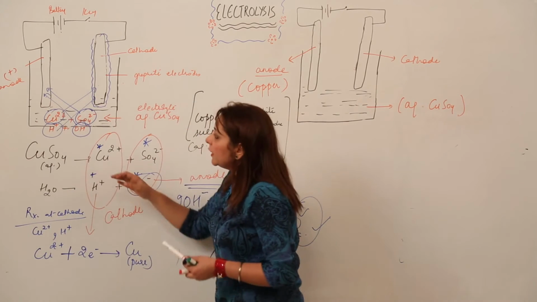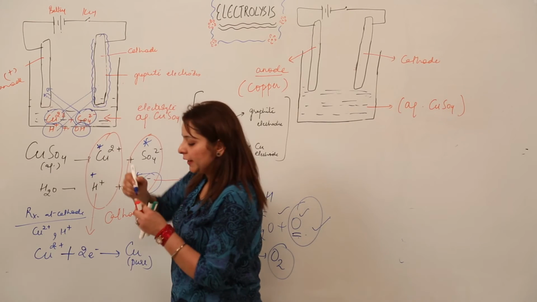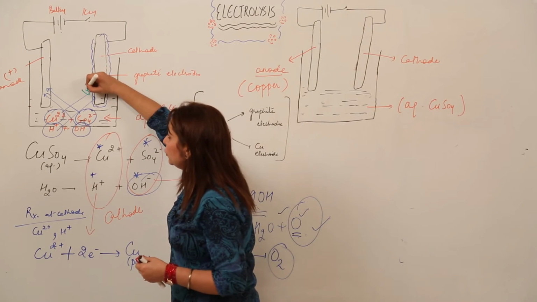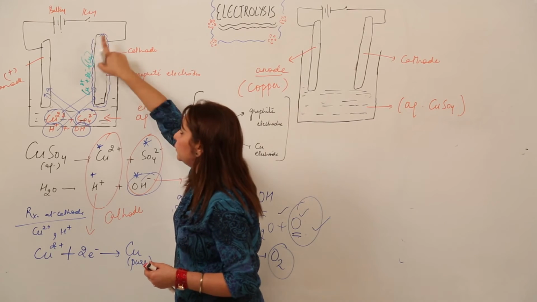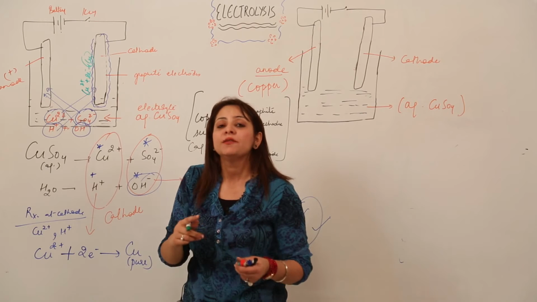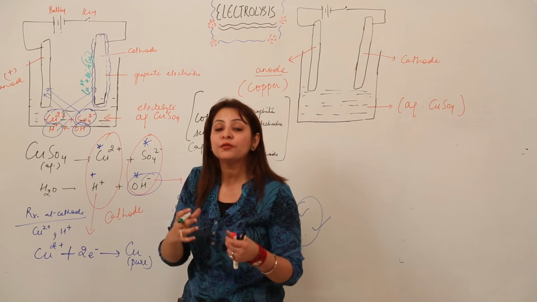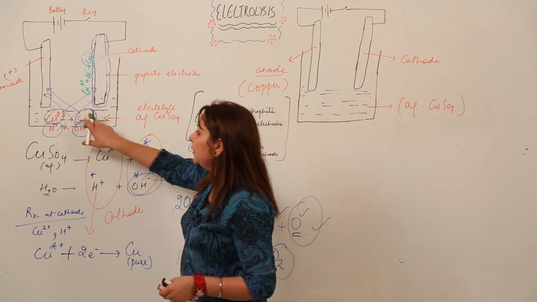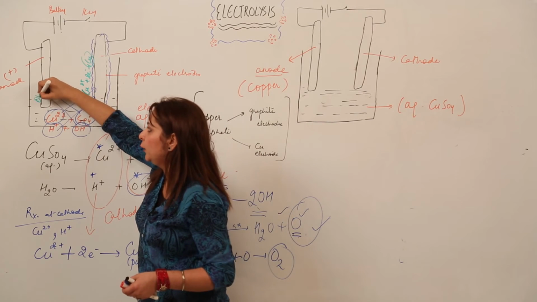So out of these, Cu2 positive gets discharged. This Cu2 positive will gain 2 electrons and form Cu, and this blue one is the coating of Cu, which is the result of the reduction taking place, that is, the conversion of copper ion to copper. Similarly, at this electrode, what gets oxidized is obviously the hydroxide ions.